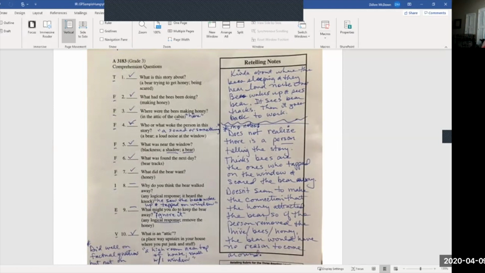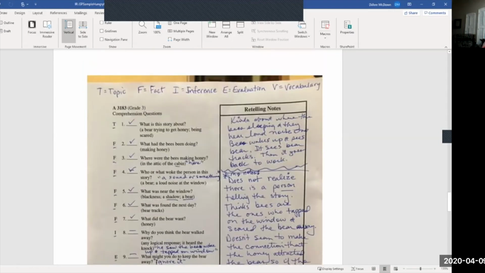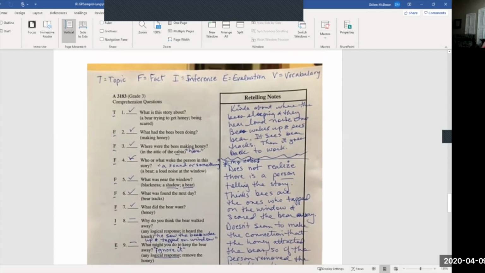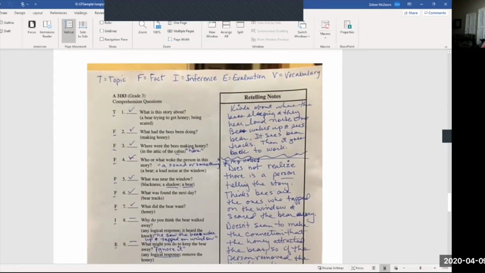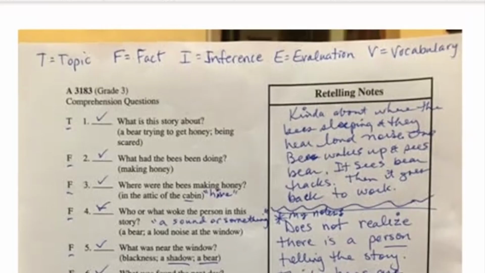So when you look at the answers, one of the things that's nice about these comprehension questions is they have a code out to the side that tells you what type of question it is. If it has a T next to it, that means it's a topic question, like what's the topic of the story. If it has an F, that's a factual question.